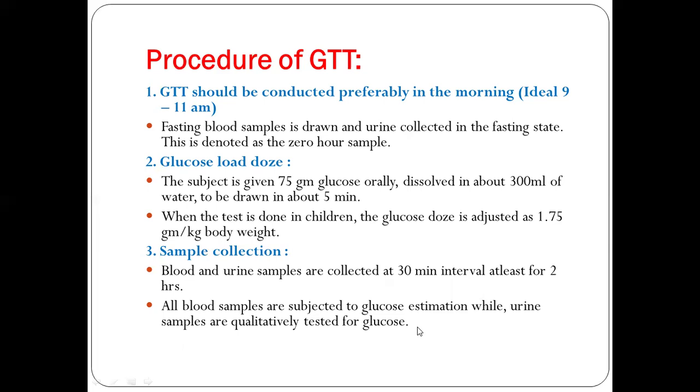That's why in diabetic individuals, you are getting sugar in urine. If it is below 180, you will not get sugar in urine. So 180 is the renal threshold of blood glucose. That's why we are going to estimate the glucose in urine.